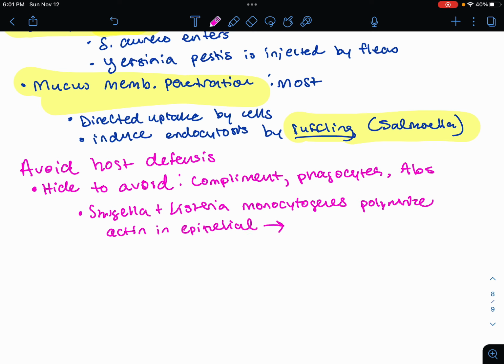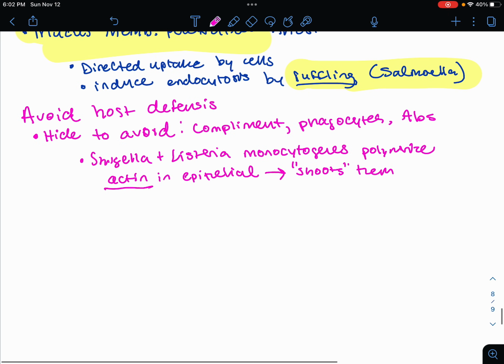And this is going to kind of propel them. It's going to shoot them in a direction. Again, that's from actin polymerization. Okay, so how do cells avoid destruction from the phagocytes?